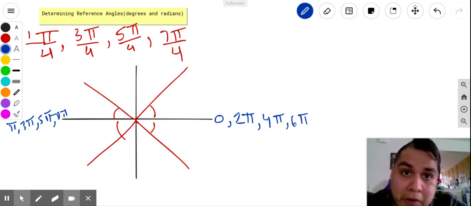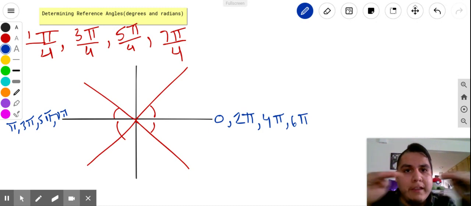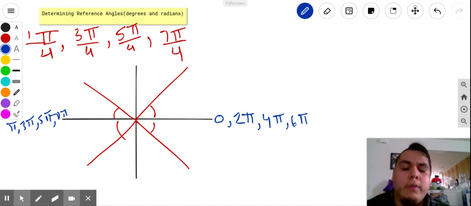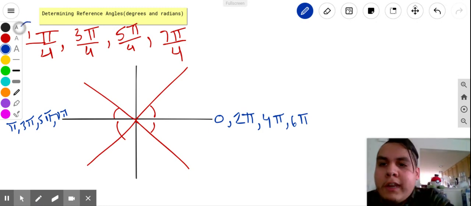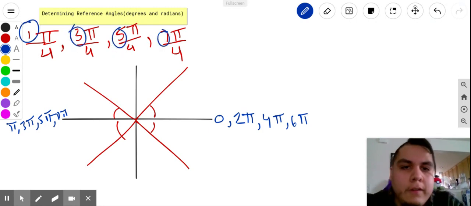But they're all 1 pi away from getting to that nice, even, whole number. That's why I always end up with these odd numerators, multiplying the pi, getting divided by the 4. That's pretty much it.